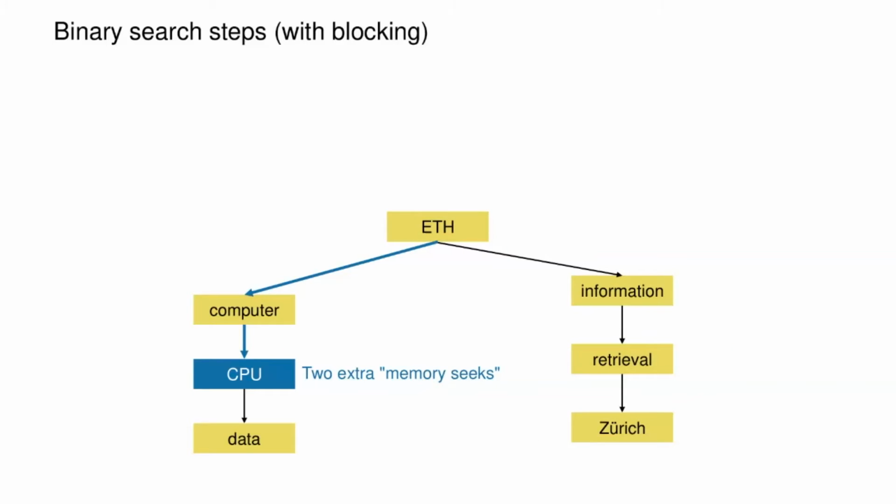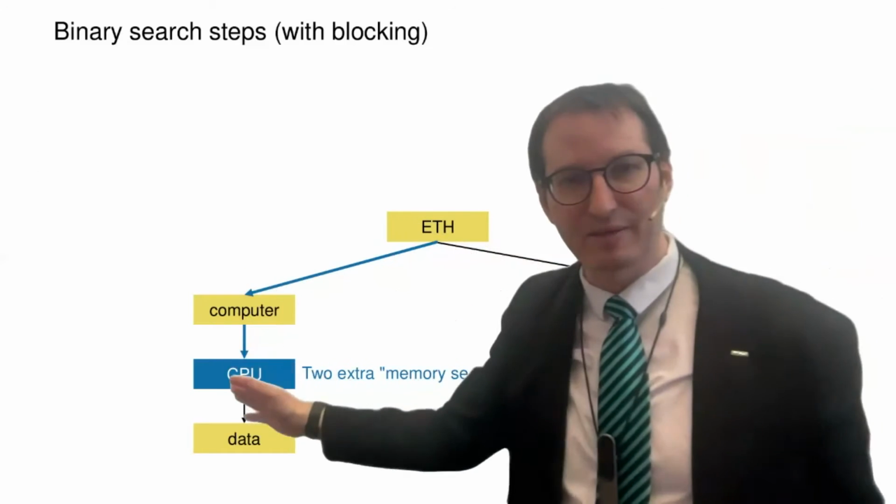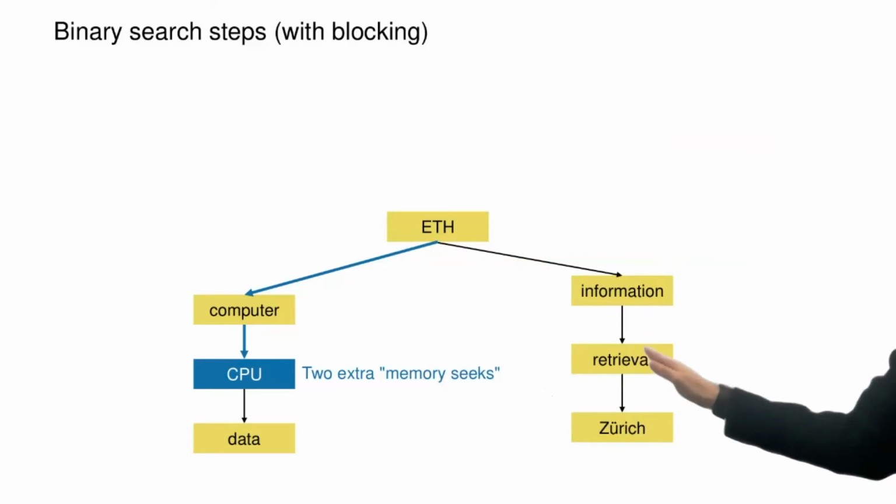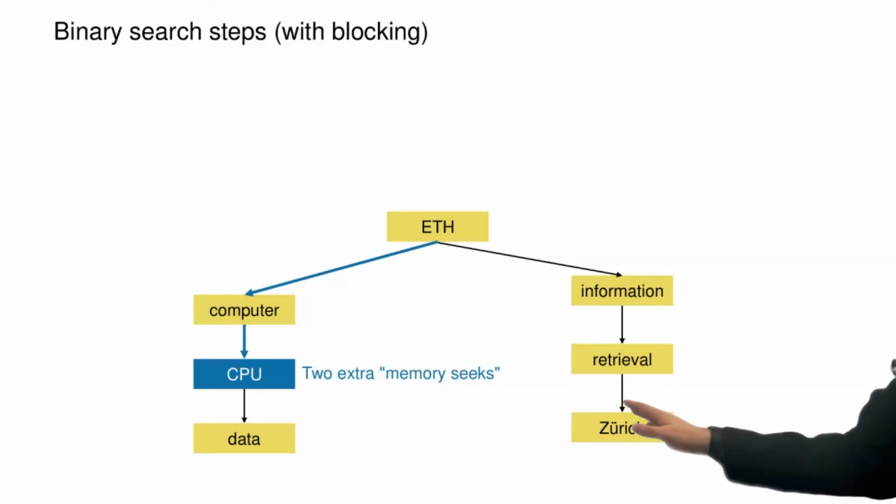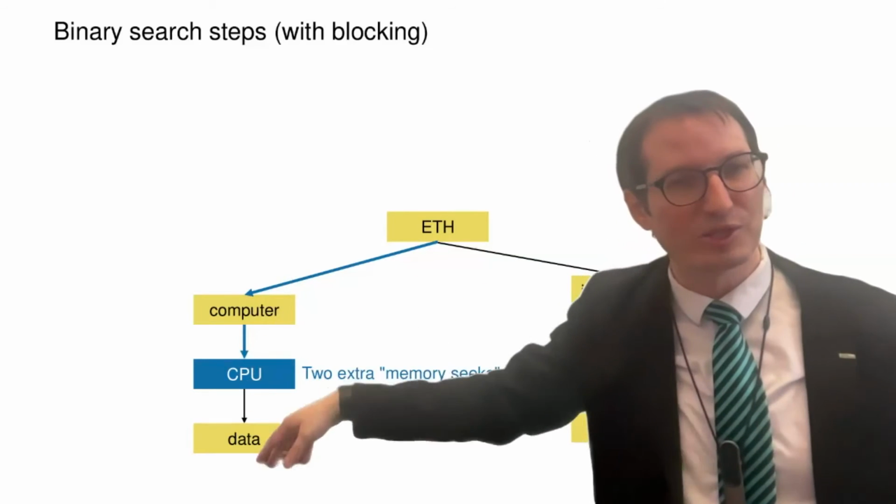But now if you do have fewer pointers and you have the length of the terms instead, then you will have a pointer that points to computer CPU data, and then the next one will be information retrieval Zurich, right? That's what I showed you before. But then there's no binary search anymore.